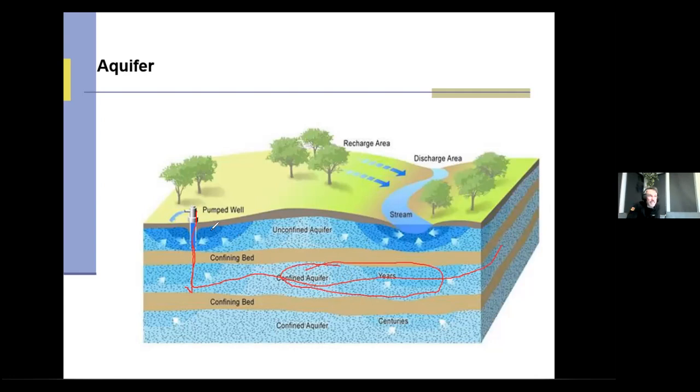Some places have a pump here, but this definitely helps. But in times of drought, if the groundwater is depleted or starting to get low, then you won't have as much pressure. And sometimes you need a lot of pressure to get that water up to the surface. So always be careful with artesian. Sometimes it will flow and sometimes it won't.